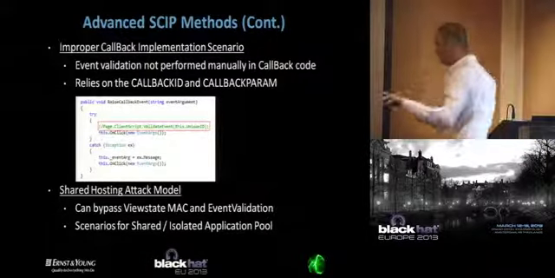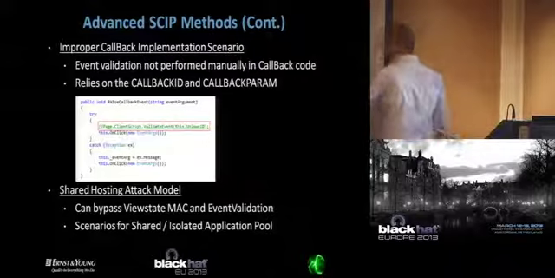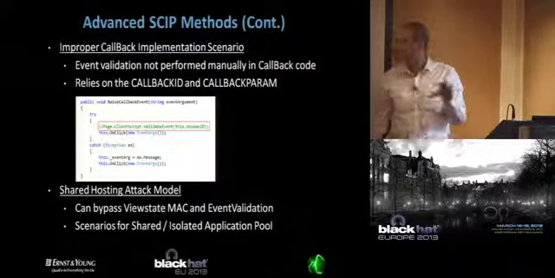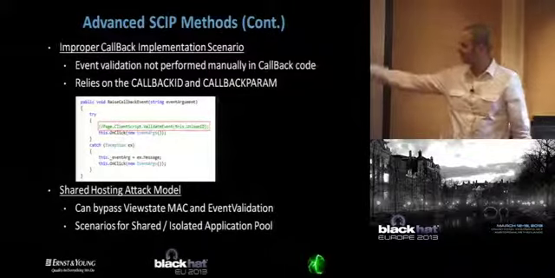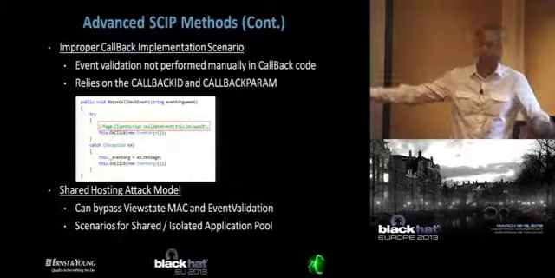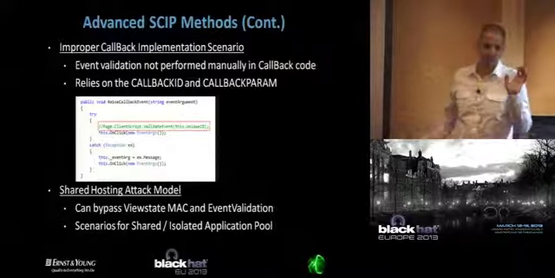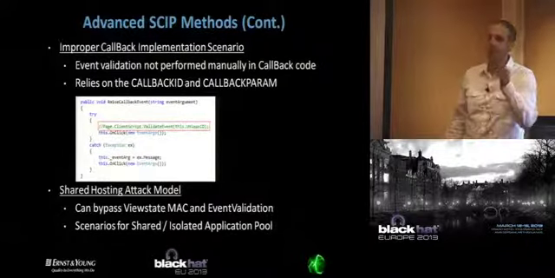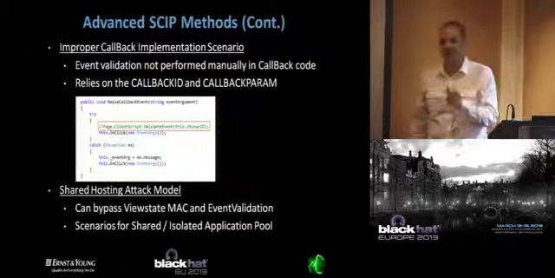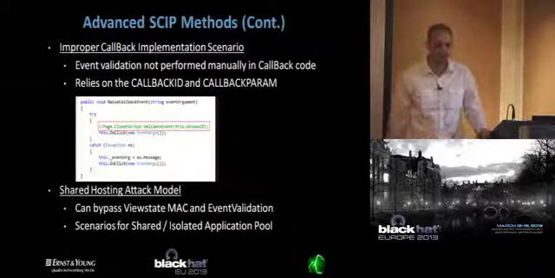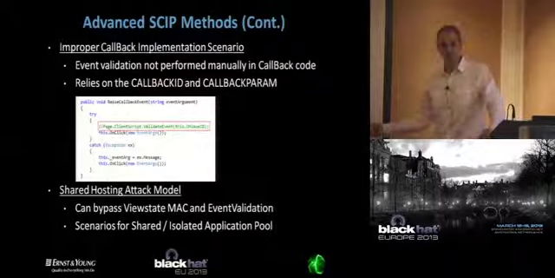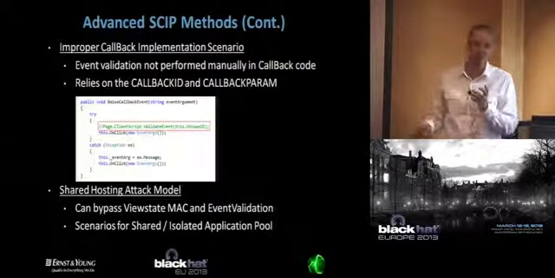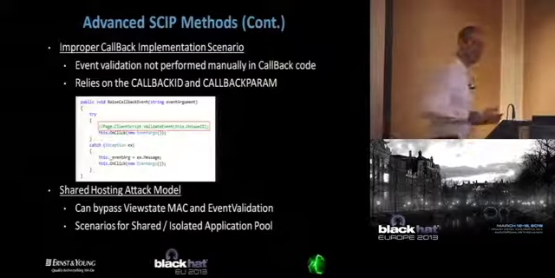So we may see a page that has the event validation active and the view state MAC active, but since the developer is using callbacks and disables some line of code, the attack will still work. We'll be able to execute the events of invisible controls despite any security mechanism that the system has. Which means that in real-life scenarios, honestly, I don't see how invisible controls can really survive an encounter with a real-life hacker.